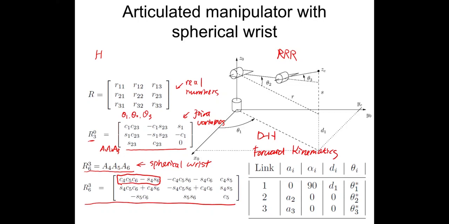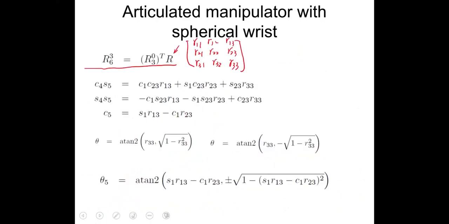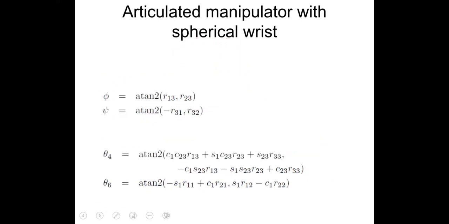It means cosine theta 4, cosine theta 5, and cosine theta 6. And again, this is sine theta 4, and this is sine theta 6. So the first term from the DH convention calculation is a function of theta 4, theta 5, and theta 6.